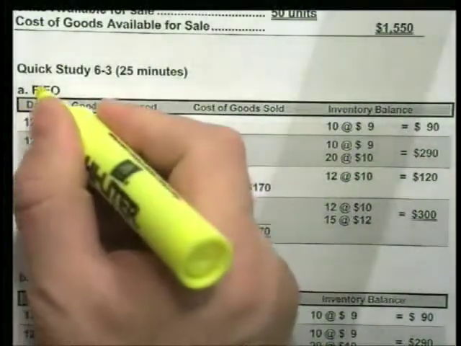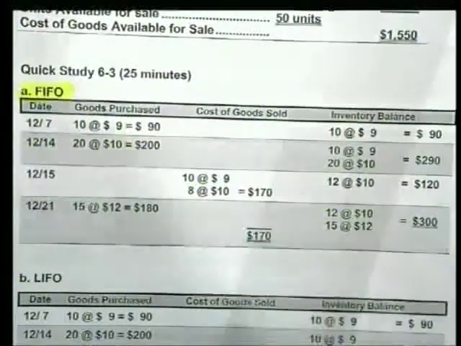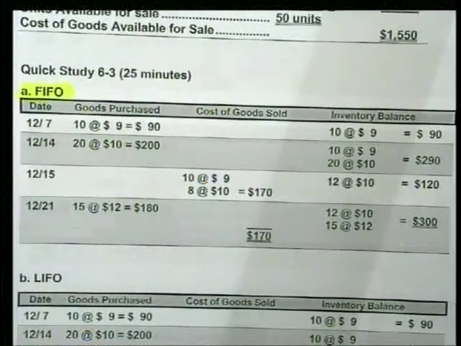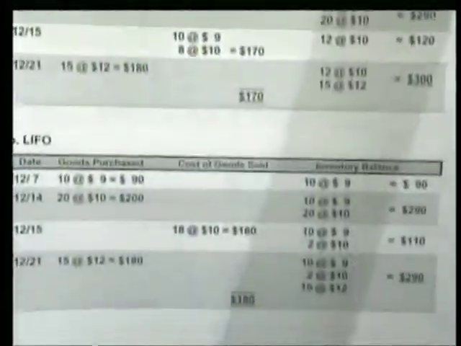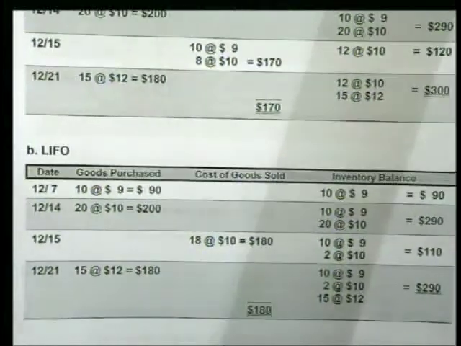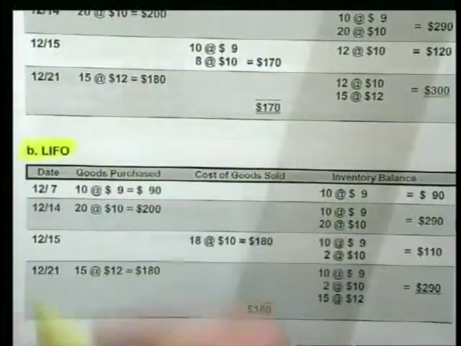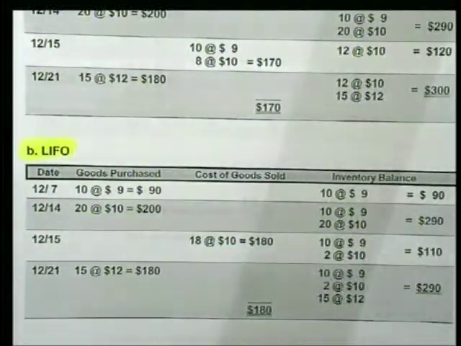And this is for FIFO. Any questions on that? If not, let's look at LIFO, which is right below it. Any questions on FIFO or LIFO for Quick Study 6.3?